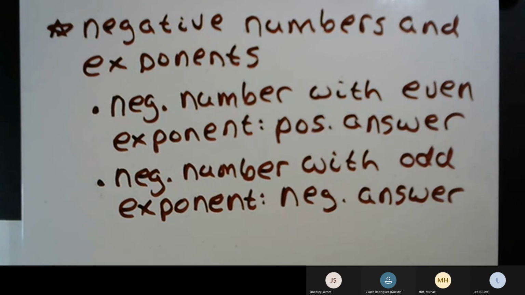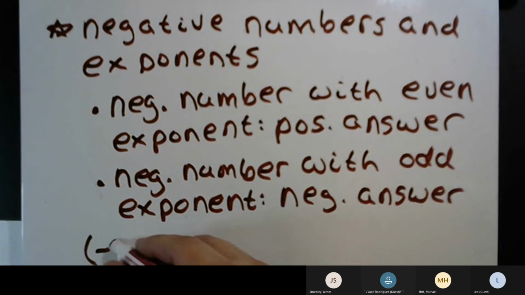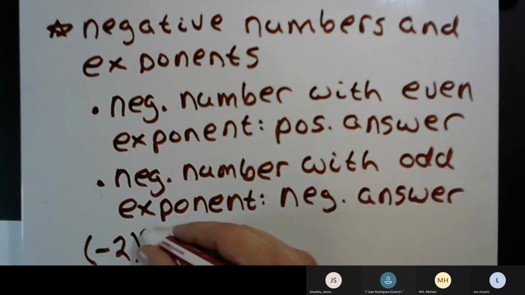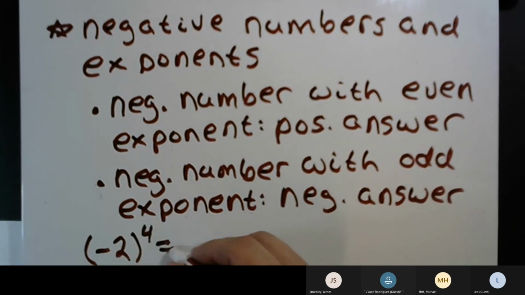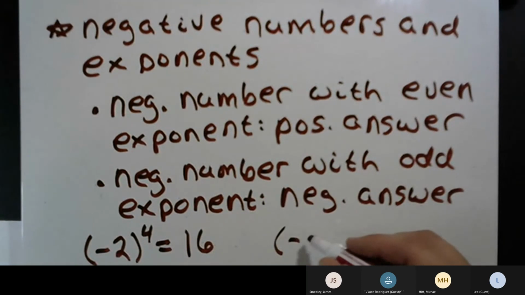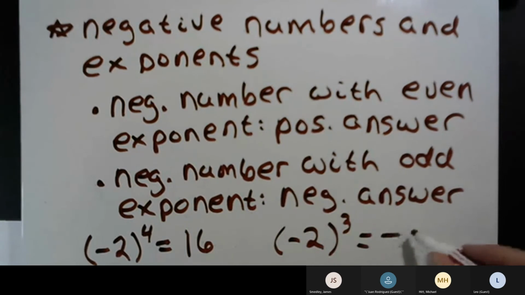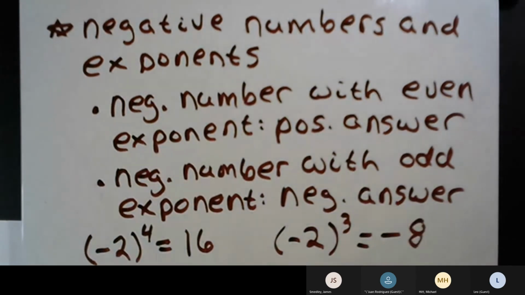That's what we just saw. If you take -2 to the 4, we got +16. But if we take -2 to the 3, we got -8. Any questions about that?